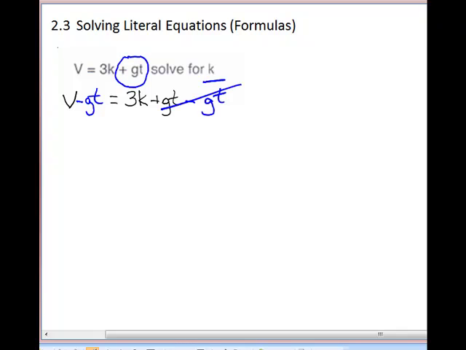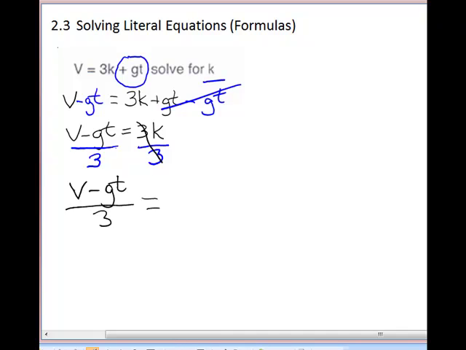Gone. Nothing we can do over here. These are not like terms. Go back on the side of the one you want. We want the K. That's what we were asked to solve for. The only piece left to get rid of is the 3. They are multiplied, so you're going to divide by that piece you don't want on both sides. So V minus GT divided by 3 equals K.